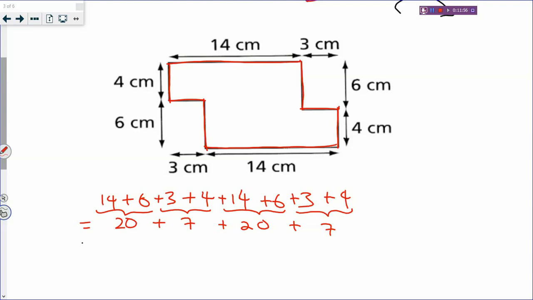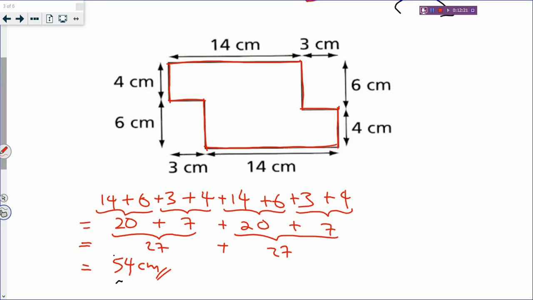You can see it's very fast when you do pairing. And then you can do some more pairing. So 20 plus 7 is 27, plus 27. And then 27 plus 27, you do your working, that will be 54 cm. So what's the perimeter of the figure? 54 cm, right? Okay, so that's how you find the perimeter.